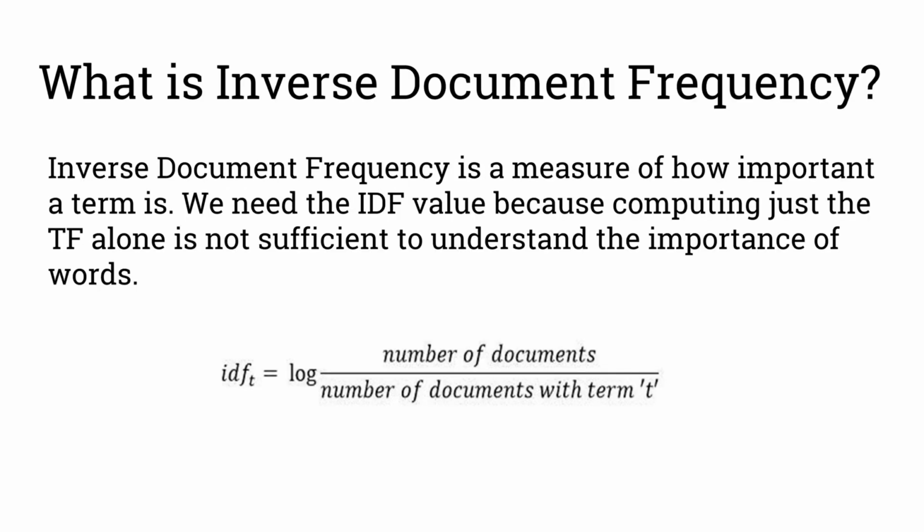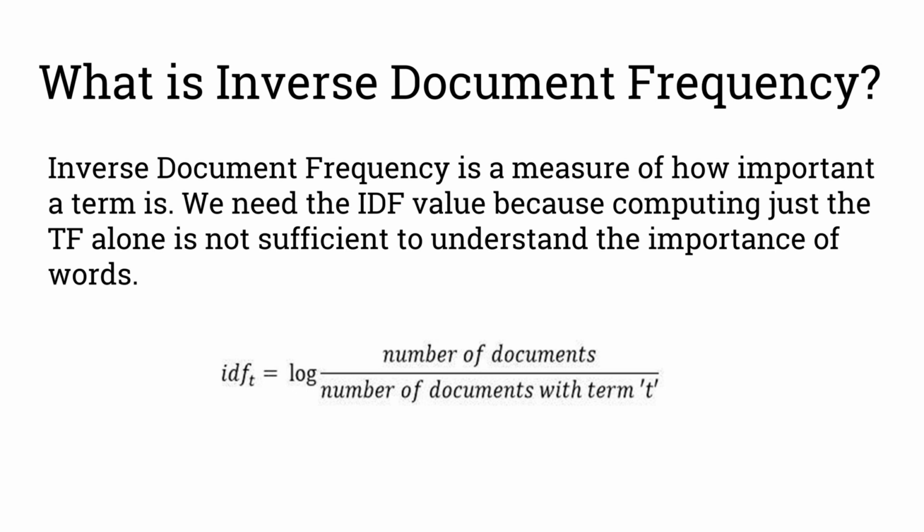Now let's move on to understanding what is inverse document frequency. Inverse document frequency sheds some light on how rare or common a particular word is in the entire corpus of all the documents. So this is the formula that is used to calculate the inverse document frequency score.